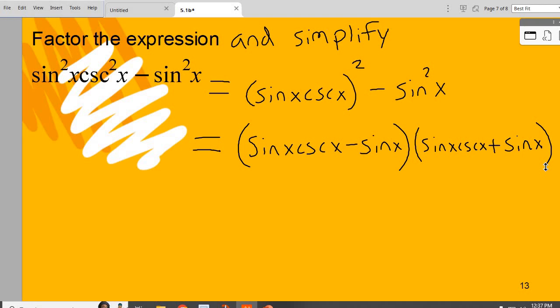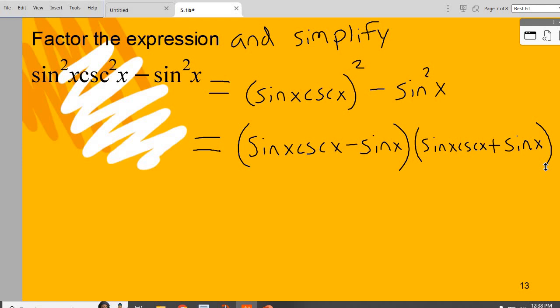And again, we're starting with that because it did ask us to factor first. If it just asked us to simplify, then we wouldn't have necessarily had to factor first. Now, what do we notice about our sine and our cosecant? What's the word that we use instead of opposite?